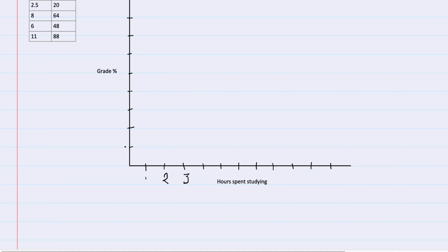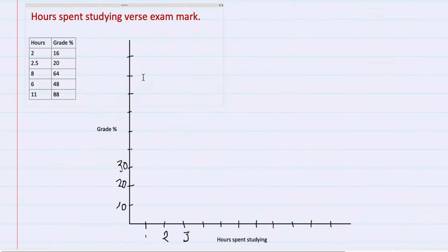And then on the side for our percentage, I'm just going to make that 10%, 20%, 30%. You get the idea. All right, so we have our percentage and our hours spent. So this person spent 2 hours studying and they got a grade of 16%. So that's about here.